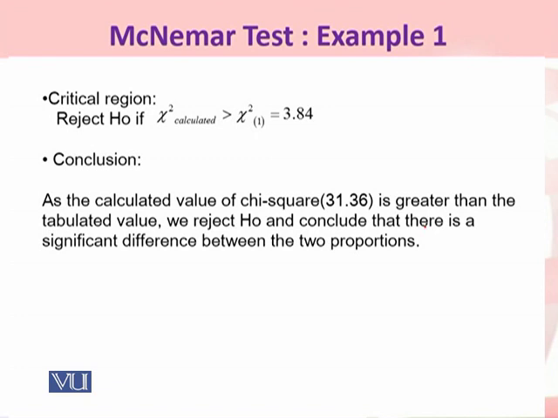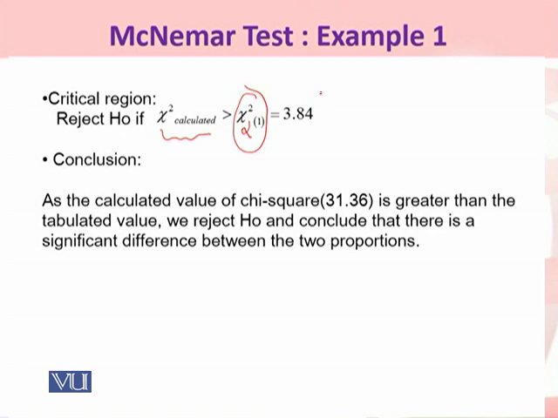So students, for that we need to construct the critical region. We have to define the criterion for when to reject or accept our null hypothesis. The criterion is that we reject H naught if chi-square calculated is greater than chi-square alpha with 1 degree of freedom.